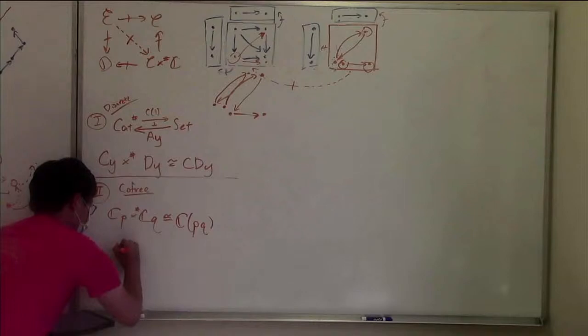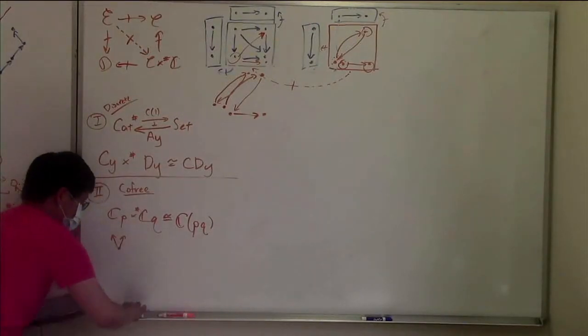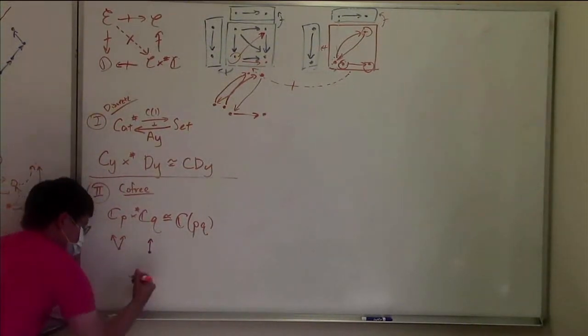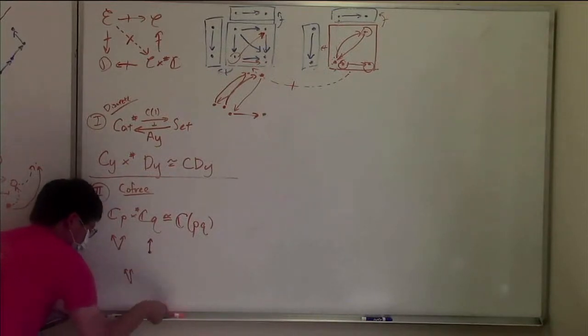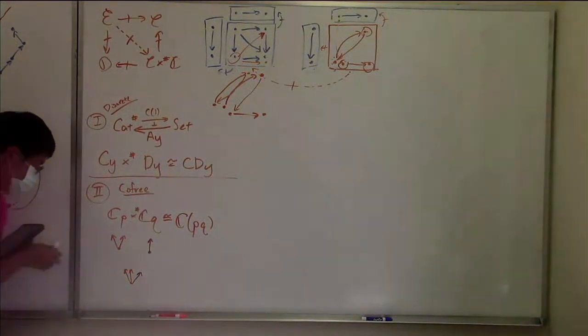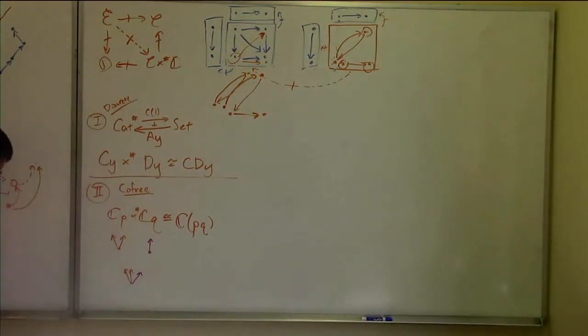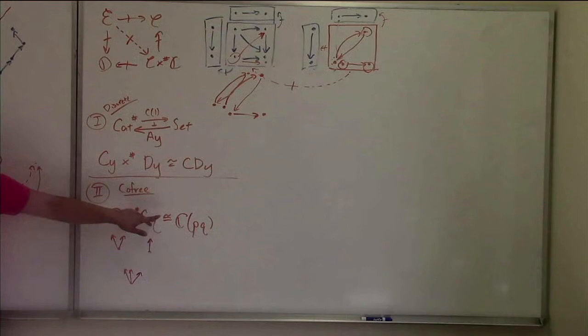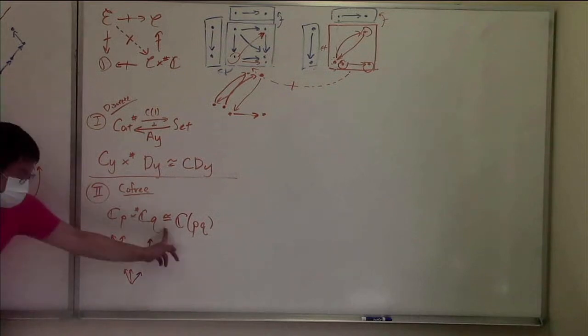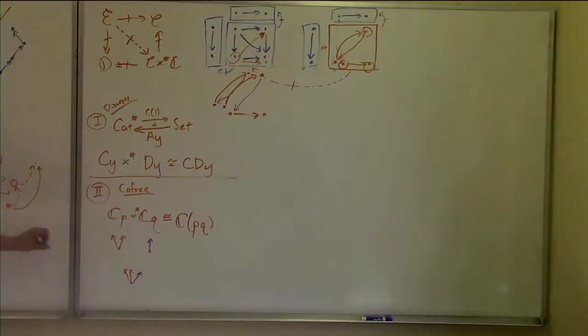So let's say we have a corolla that looks like this in P, and then a corolla that looks like this in Q, well, that's going to correspond to a corolla that looks like this in PQ. So that's exactly this idea that we are outputting an output for each of these original interfaces, but the inputs we can give in are either an input from one of the interfaces or an input from the other interface. And so you get trees on this. And you can see how that's what you would expect the product to be.